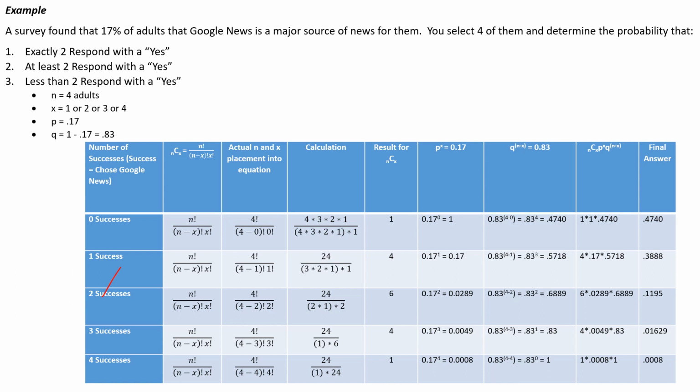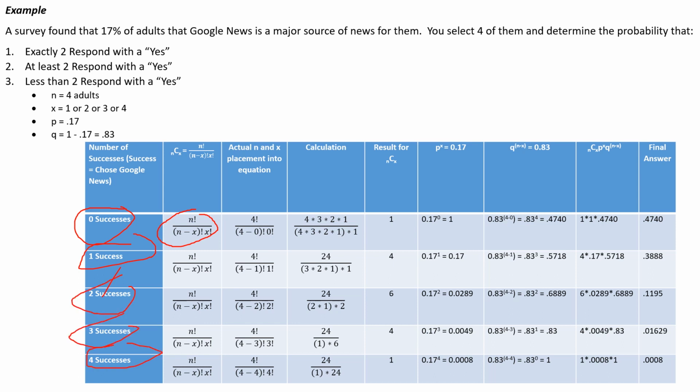Here's another example done before. And I really changed this because Google News no longer exists. But they want to know, they surveyed 4 adults, and what are all the possibilities of people reading Google News? We found that 70% like Google News. We used 4 of them to see what the probability is. And I'm using my combination equation. 0 people like it, 1 person likes it, 2 people like it, 3 people like it, 4 people like it.